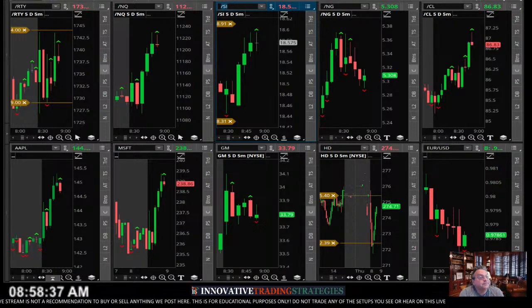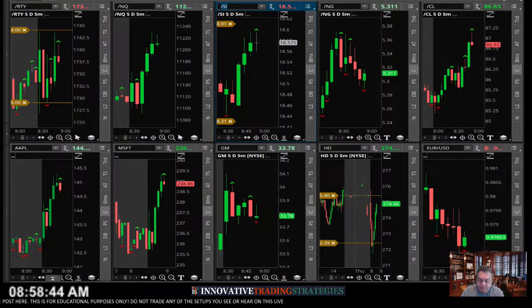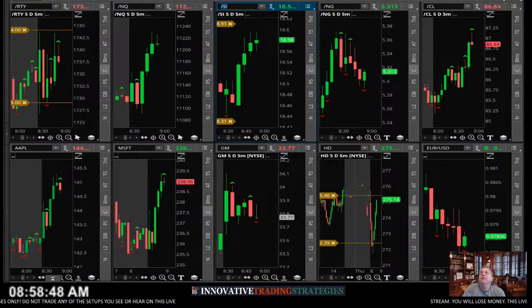It's interesting. Short gold, long silver. I think it'd make a nice hedge against that gold.